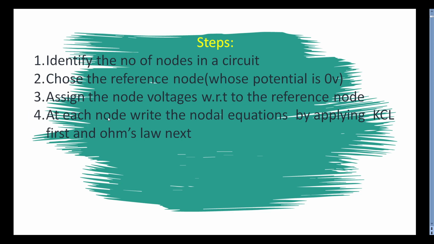Step 4: At each node, write the nodal equations by applying KCL first and Ohm's law next. The fourth point is very important. Nodal analysis is nothing but KCL plus Ohm's law.